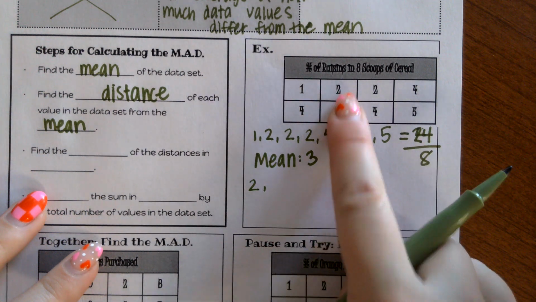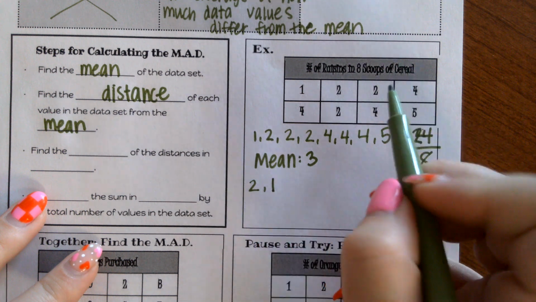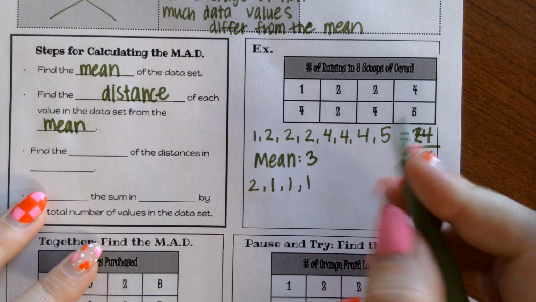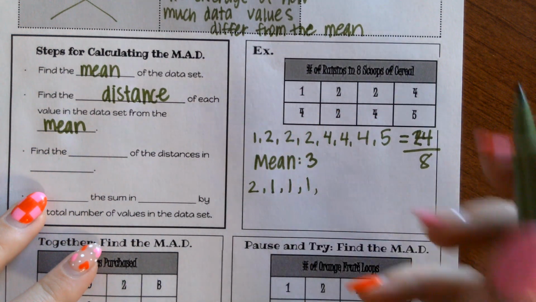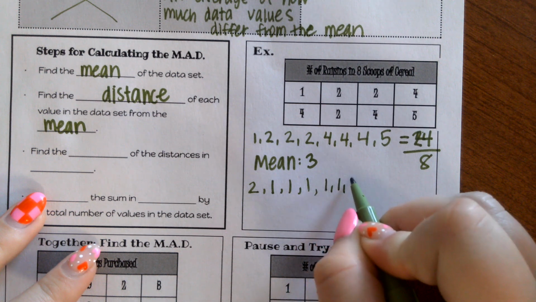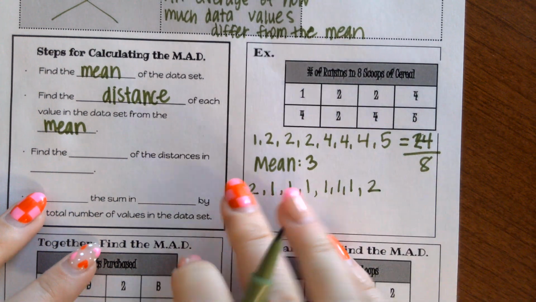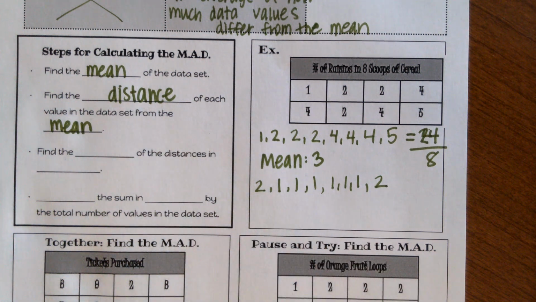The distance from 2 to 3 is 1. There's 1 in between there. Same thing, there's going to be 1, 2, 3 ones that we list. The distance from 4 to 3 is 1, so there's going to be 3 more ones. And then the distance from 5 is 2. Hopefully that makes a little bit more sense now that you've seen it.